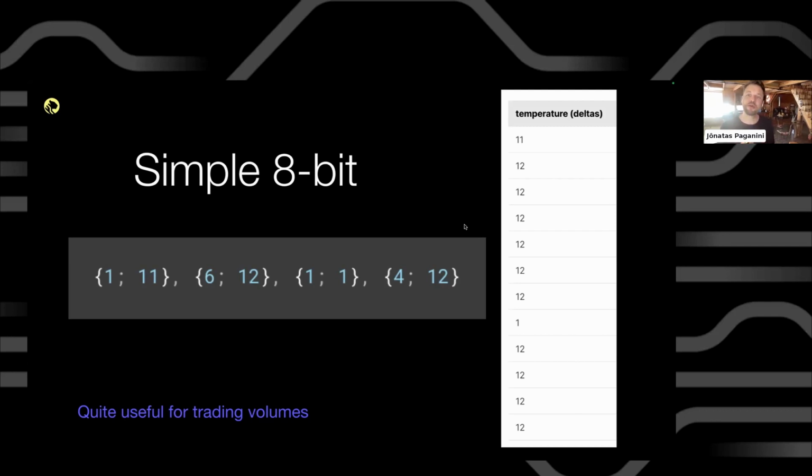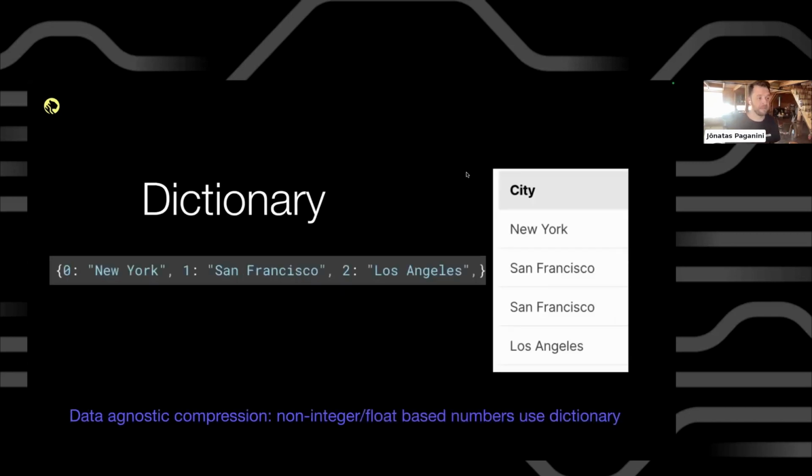You can imagine it on trading volumes, where generally you have 100, 100, 200, very compatible numbers, and sometimes they are exactly the same for quite a long sequence. So this is a very welcome algorithm in these circumstances. And you can also think about dictionary. Dictionary is just like a hash map for referencing values, and then you can build these marks in the middle of your text that you can expand from the dictionary, right?